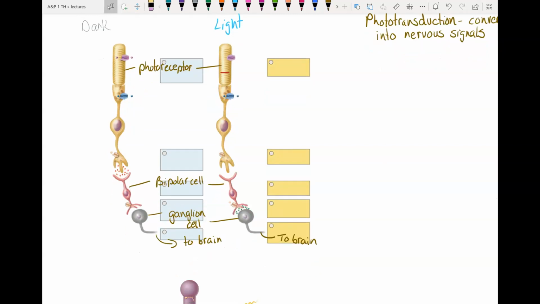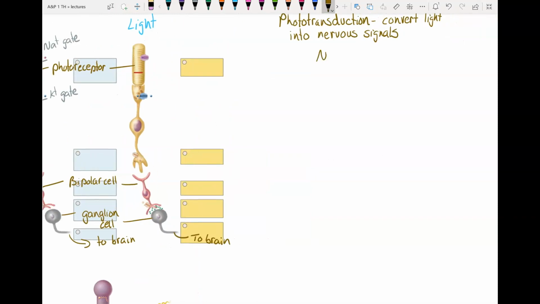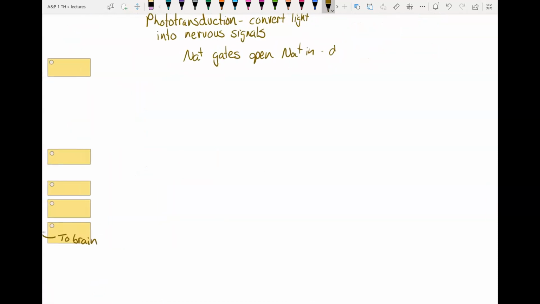Now, do you recognize these things? This is a sodium gate. This is a potassium gate. Right? This goes back to chapter 12 when we first learned about these. Think about what you know about depolarization and repolarization. The basic process is that sodium gates open, sodium comes in and you depolarize.